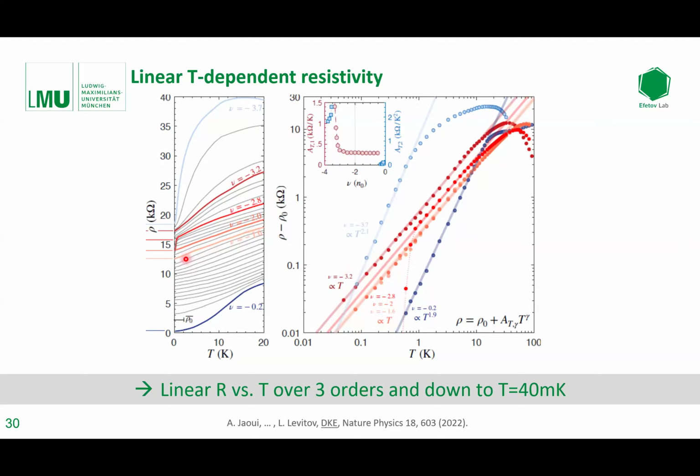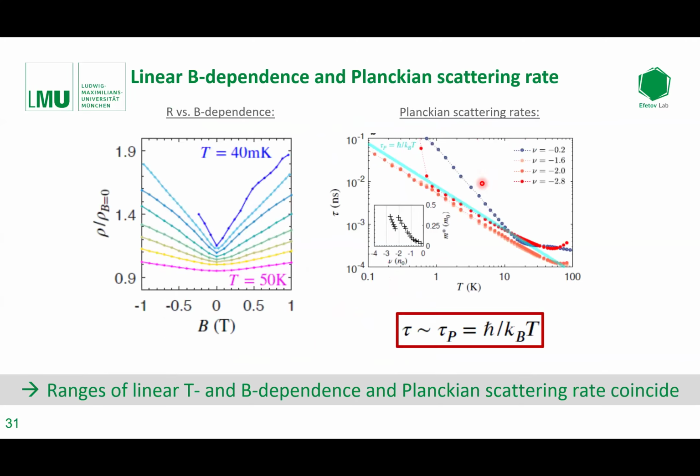For many of those curves, specifically in the center of the band, we were able to trace this linear resistivity from tenths of millikelvin up to 30 Kelvin, where the slope also consistently remained the same. The slope in general is rather large, reaching values of something like 500 ohms per Kelvin in this case.